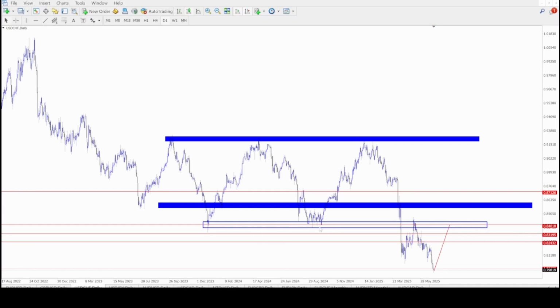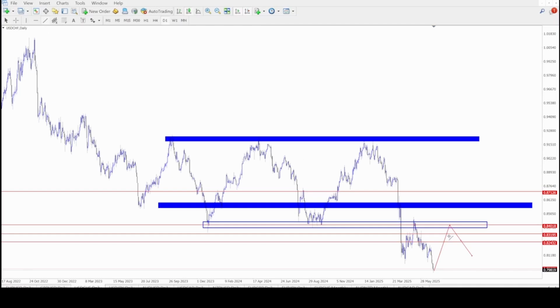Yeah, so I think it returned to the perfect zone. That was the zone that shifted earlier, but it is back to the perfect area. So if price comes into either of these three zones, what I would expect is that we can look for opportunities to sell.